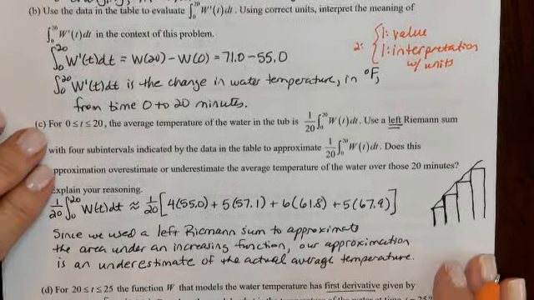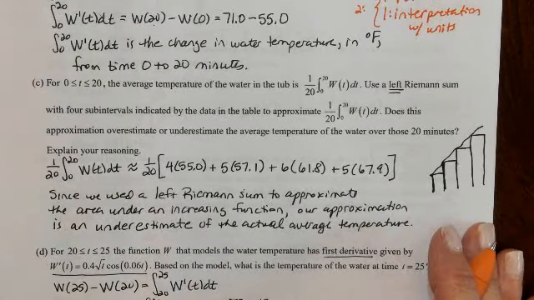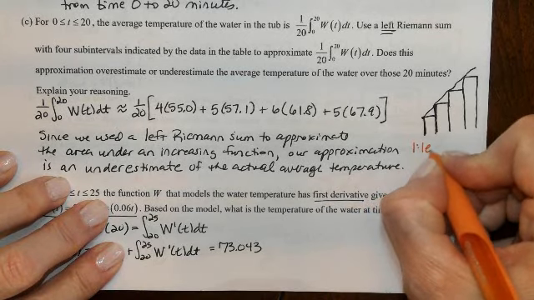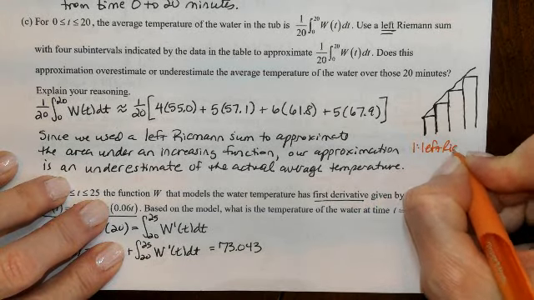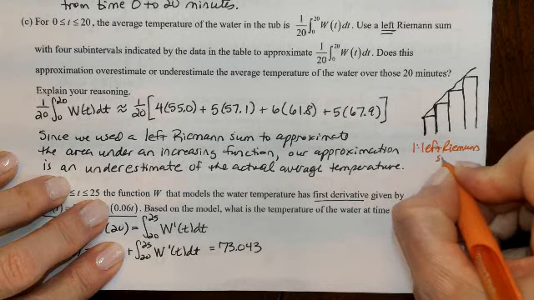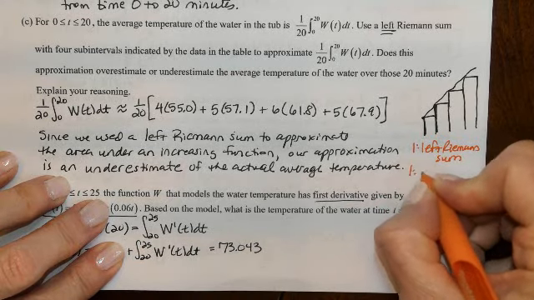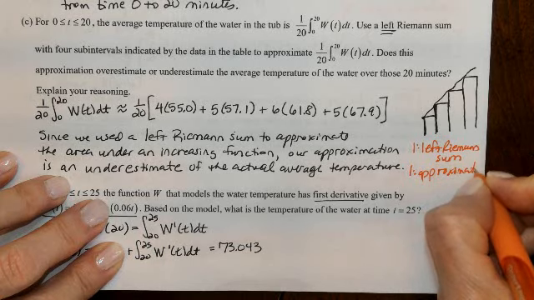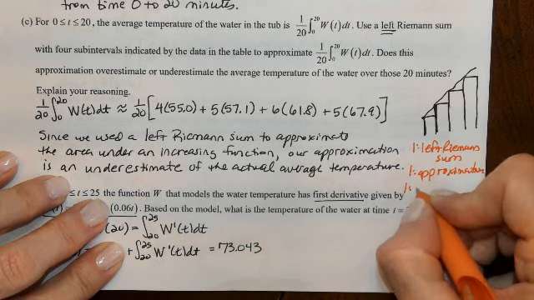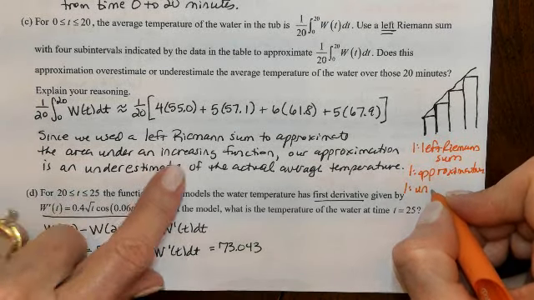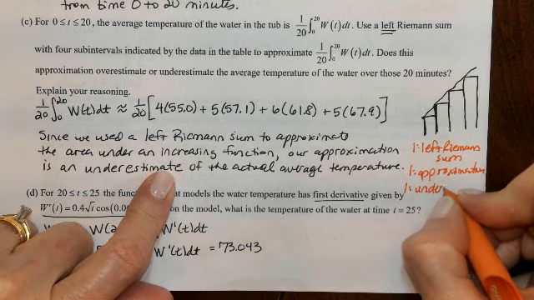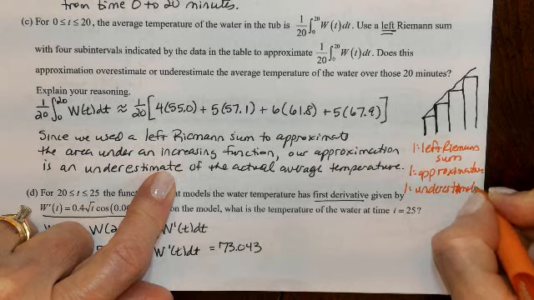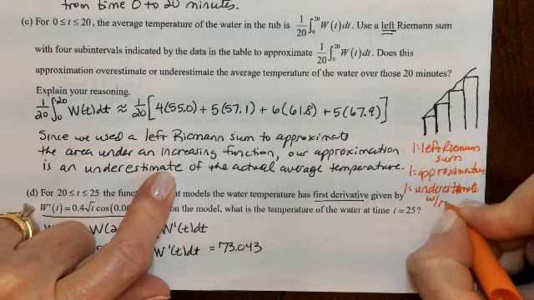In part C, it was worth a total of 3 points: 1 point for the left Riemann sum, 1 point for the approximation, and 1 point for the answer to the last question, underestimate, with reason.